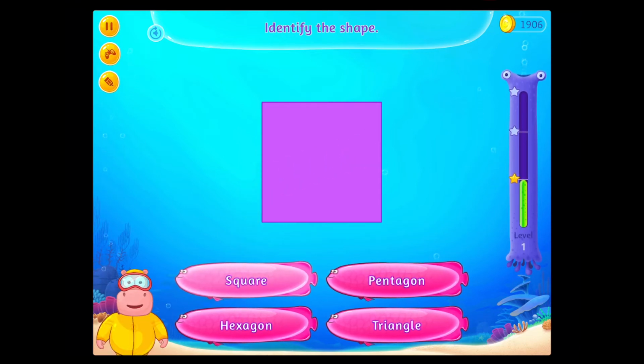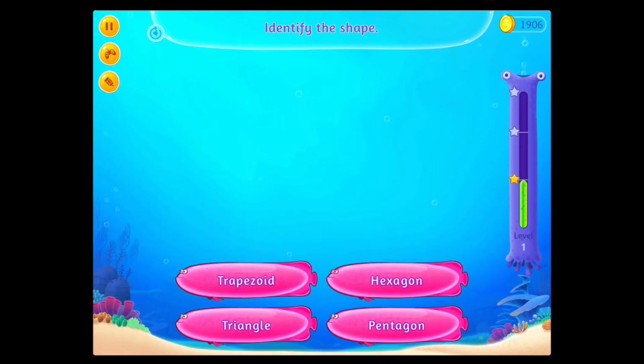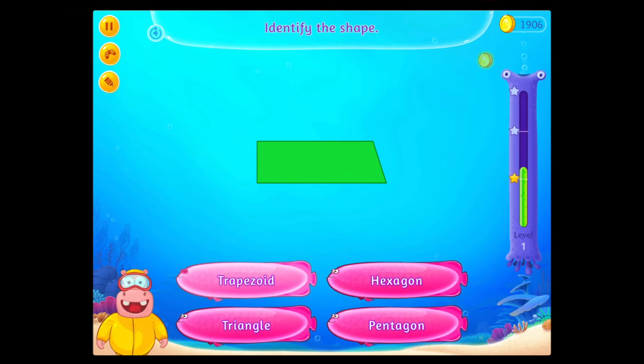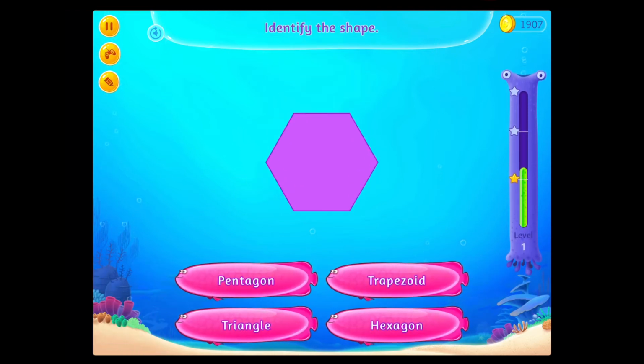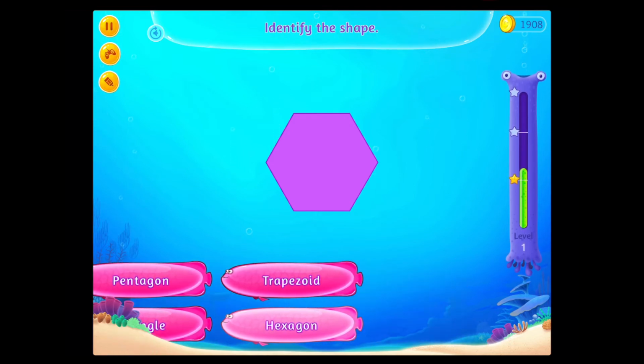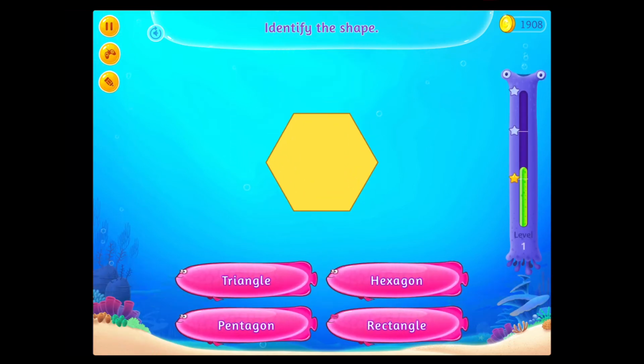That's right. Identify the shape. Fabulous. Identify the shape. Congratulations, you've done it. Identify the shape. Awesome.